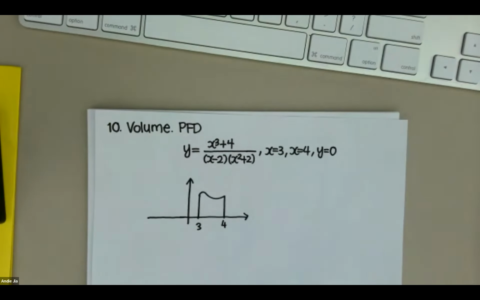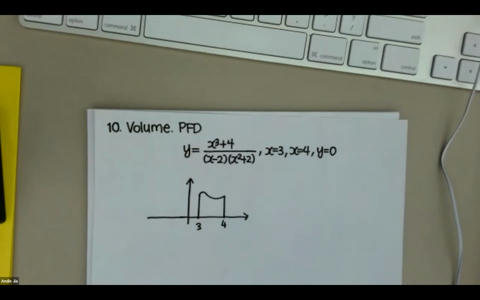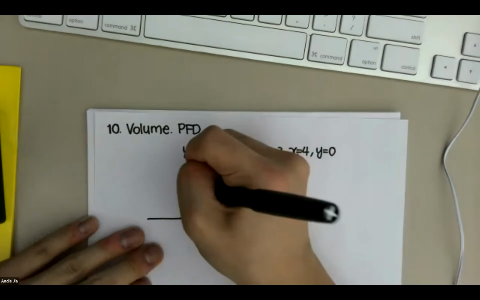Okay, so for question number 10, it should be: find the volume of the solid obtained by rotating the region about the y-axis. This question is missing some things, so I apologize for it. This is a volume by shells, rotating about the y-axis.